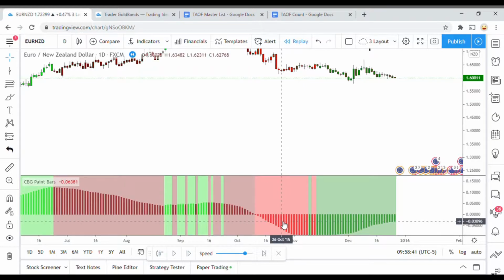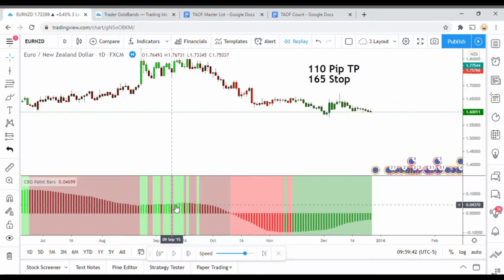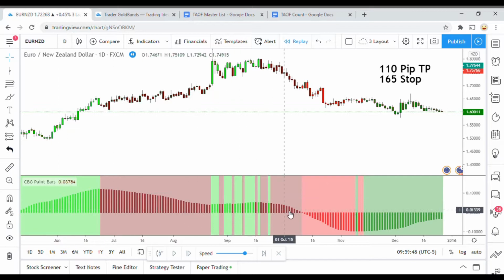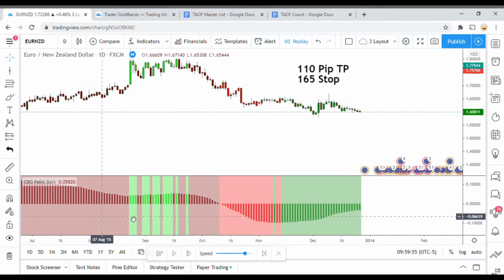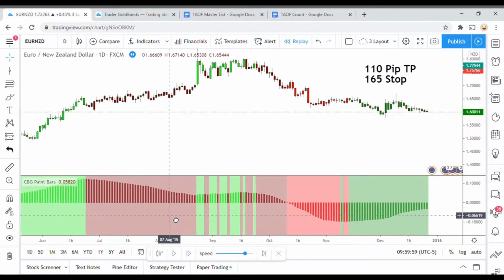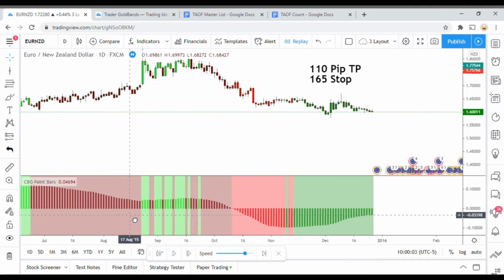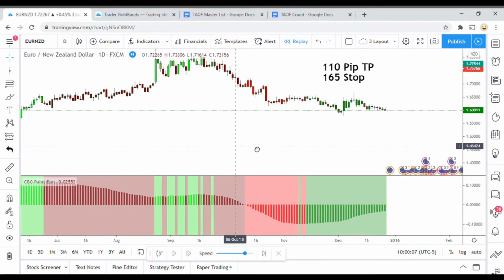You can see it above and then you can see it down below. This is also displaying when the histogram bars are increasing versus decreasing in size. And those are illustrated by the maroon, the really dark red, and the dark green.